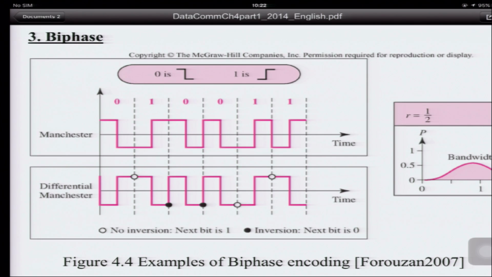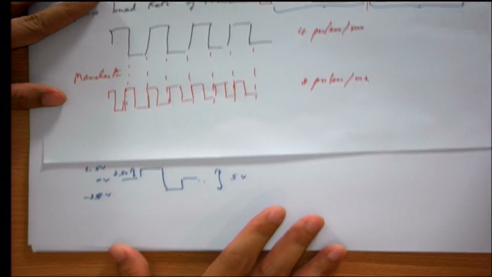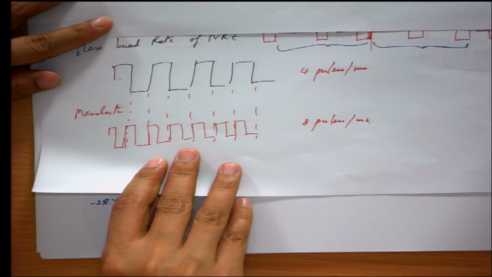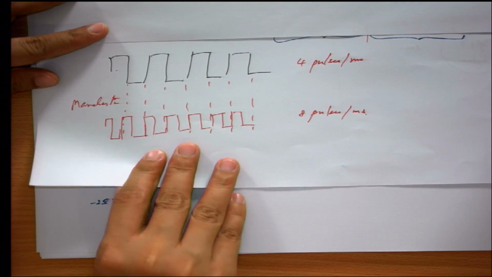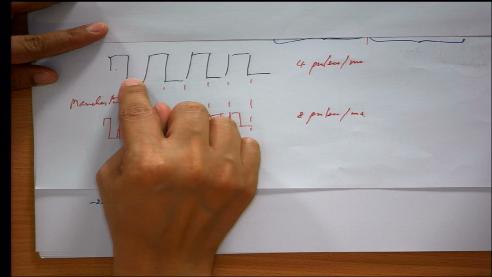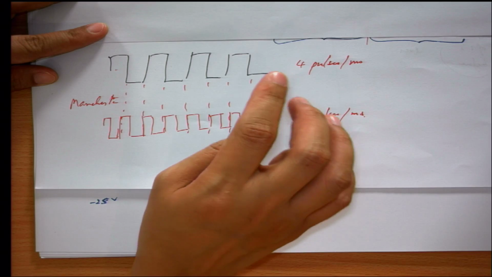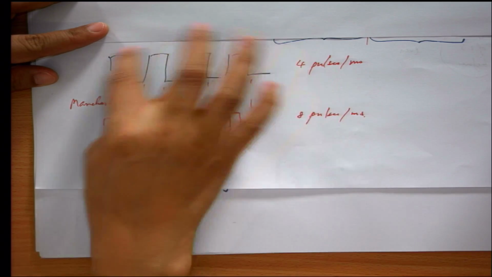You can look at it like this. This one is for NRZ. For NRZ you have, for example, in 1 second you send 4 pulses.